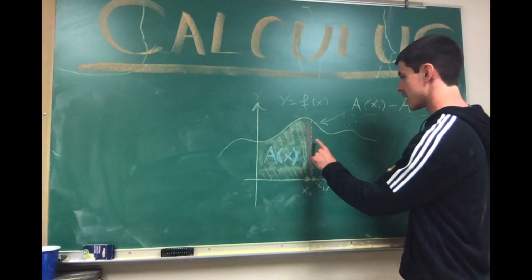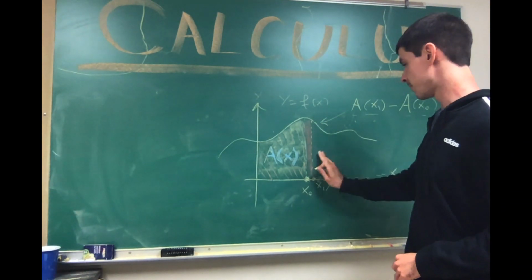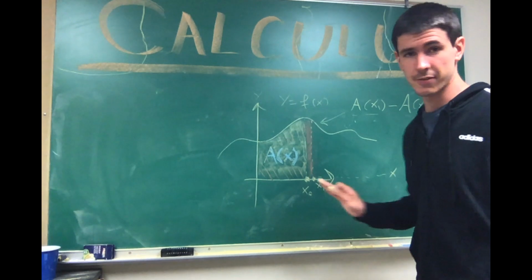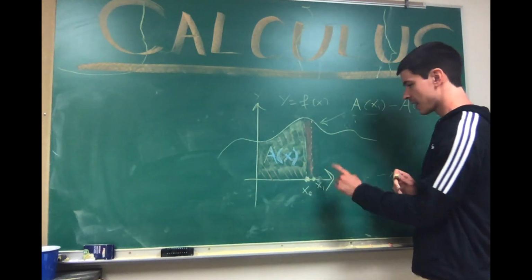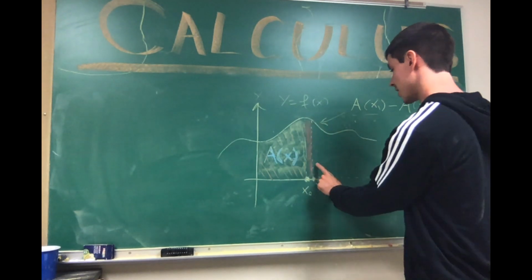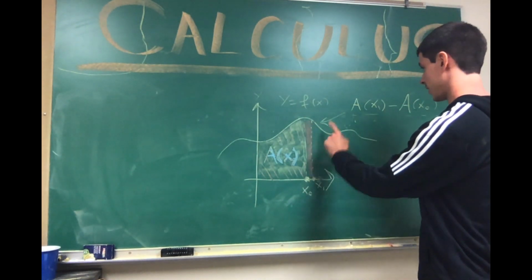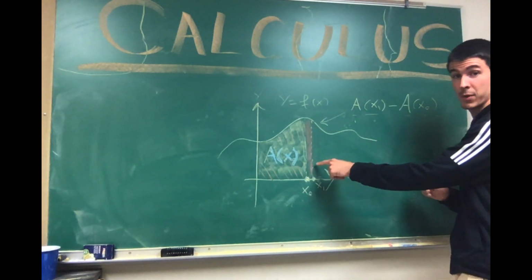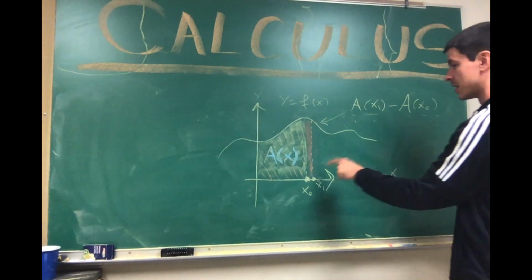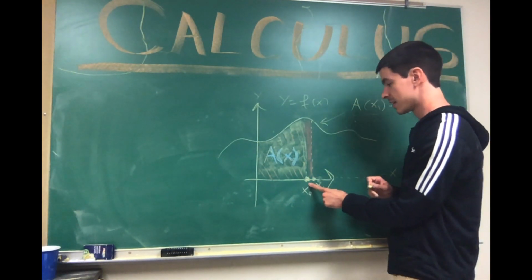And in fact, the average value, and this is maybe a definition of average value, but it's a highly sensible definition. The average value of f of x within this red region right here, which has area A of x1 minus A of x0, is going to be the area of this region divided by the width of the region.